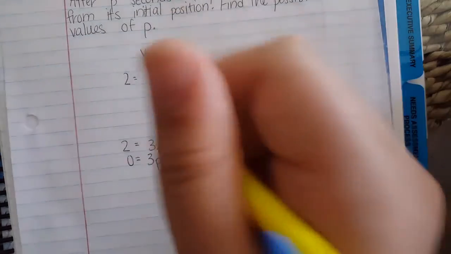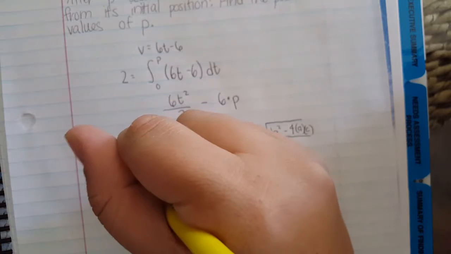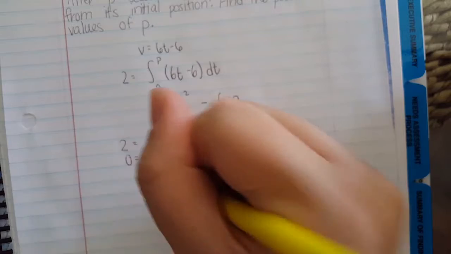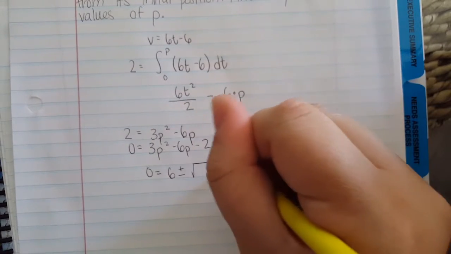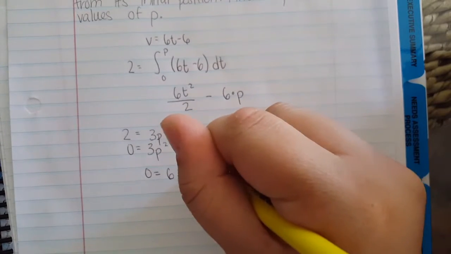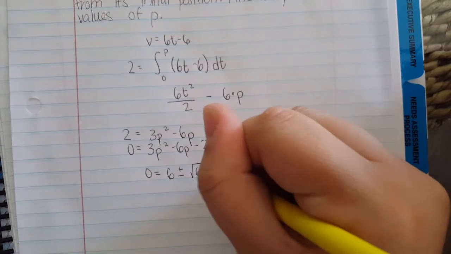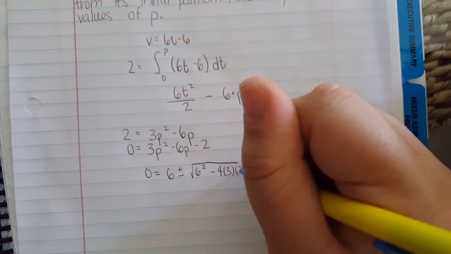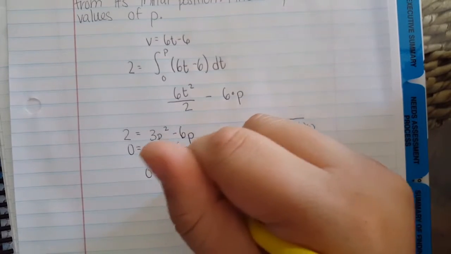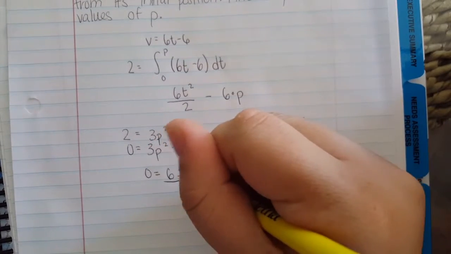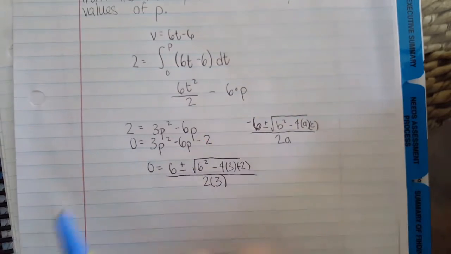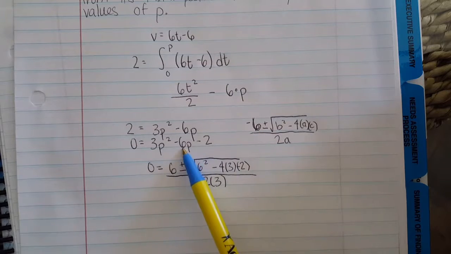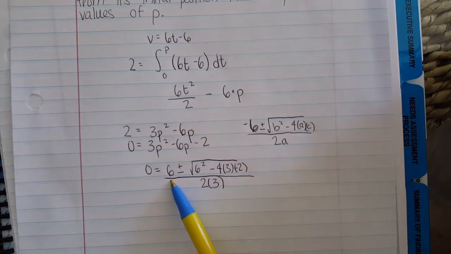So this becomes 0 equals 6 plus or minus the square root of 6 squared minus 4 times 3 times negative 2, all over 2 times 3. Although the quadratic formula does say we need a negative b here, because this number is negative 6, this will be a positive 6.